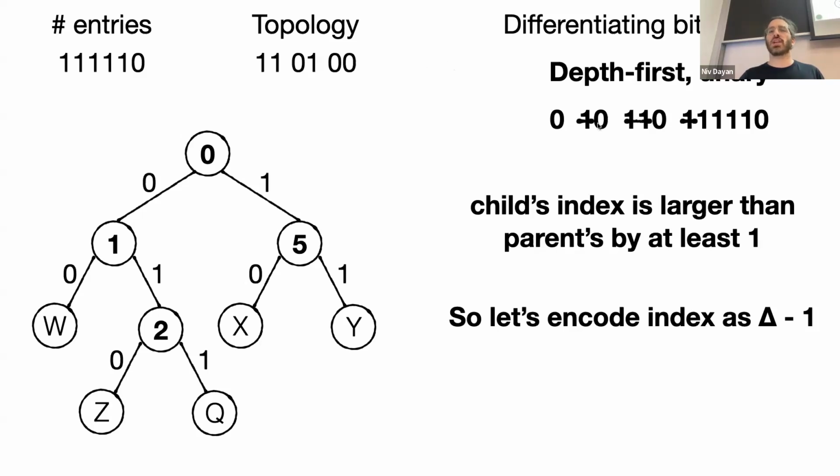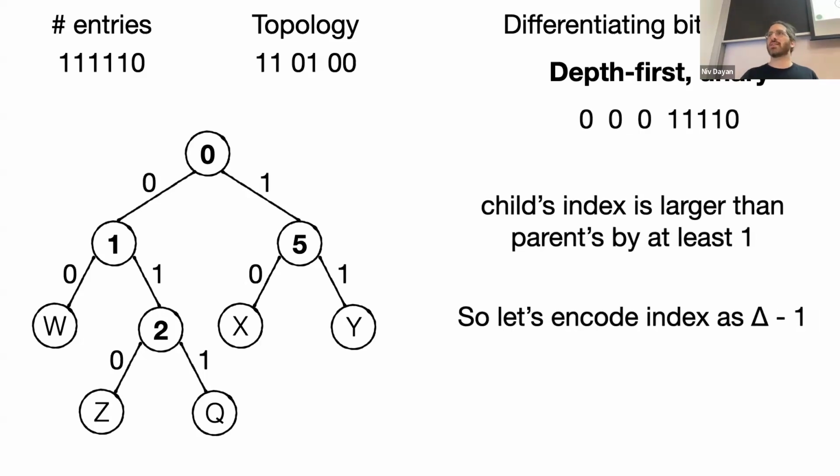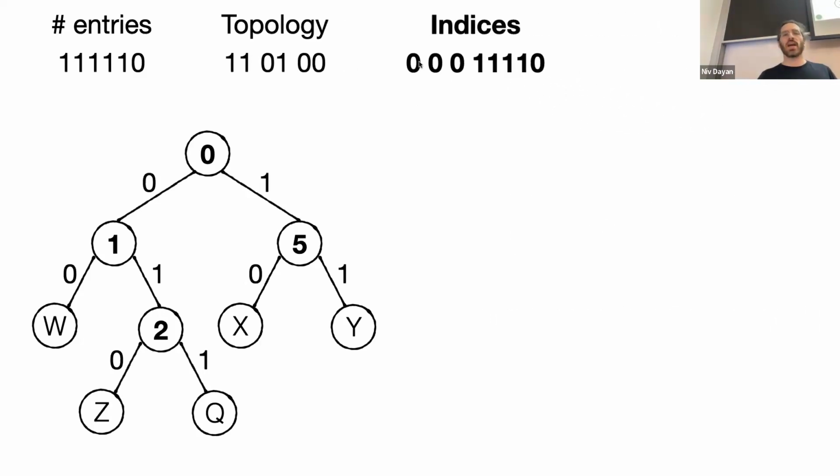If you do that, you can actually get rid of a few more bits. All right, we're really fighting for the bits here, right? And now we're done with the indices. So this is a perfectly valid encoding that encodes all the information of this trie. Kind of cool, right?